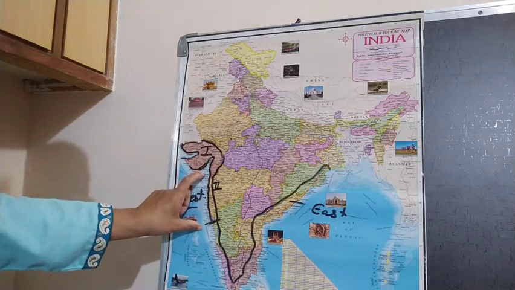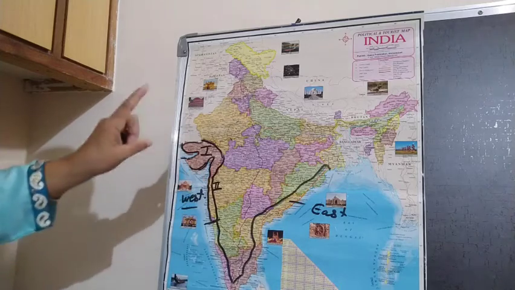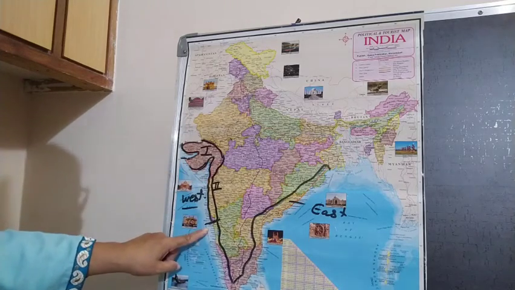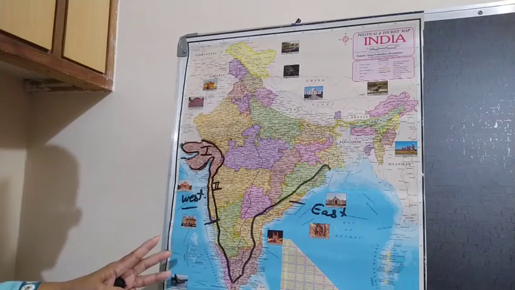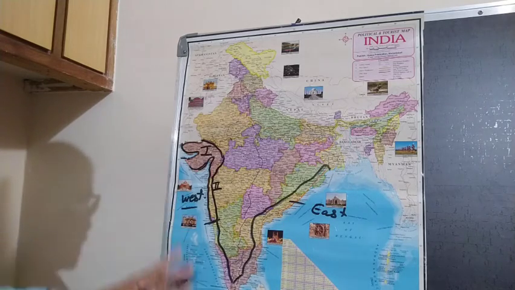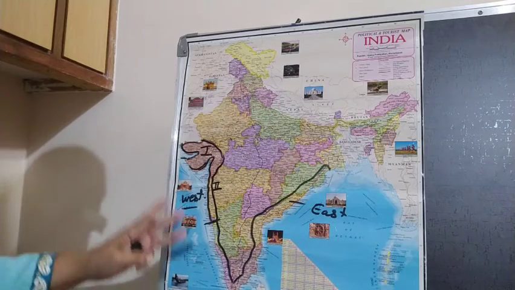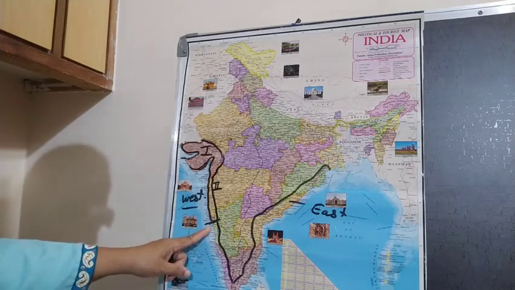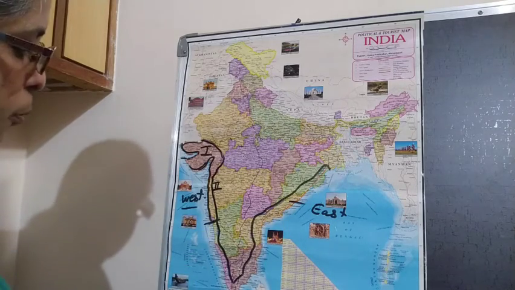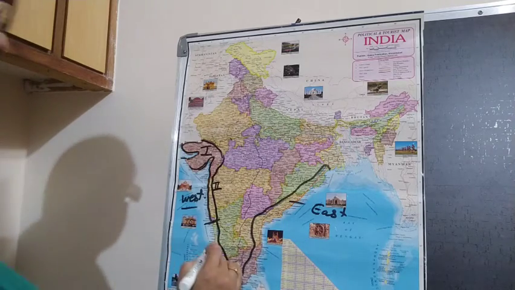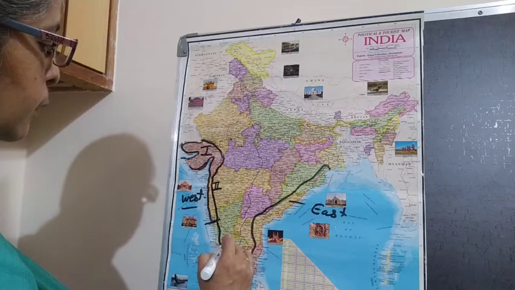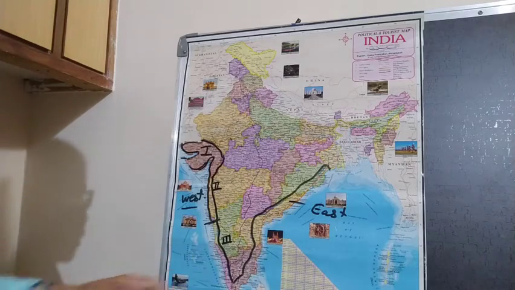Konkan coastal line starts from the Gulf of Khambat to Goa. Then our third coastal line, which is known as the Malabar coast, starts from Goa to Kanyakumari. Down here we have Kanyakumari. So this is our third. Got it, all the three?